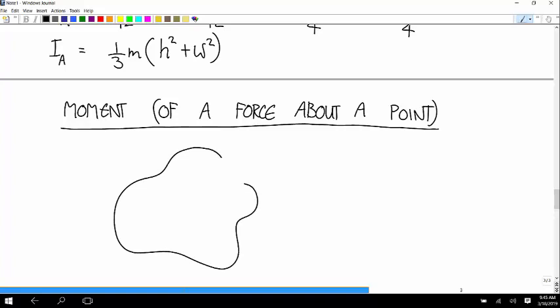you have some arbitrary body, and you have a force applied at some location.